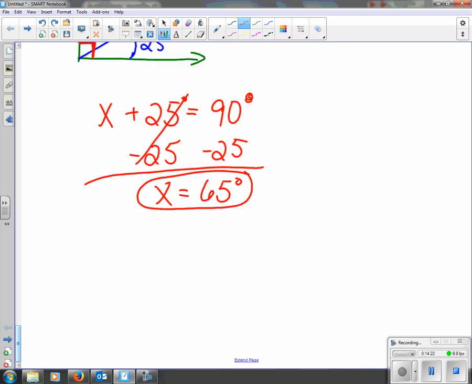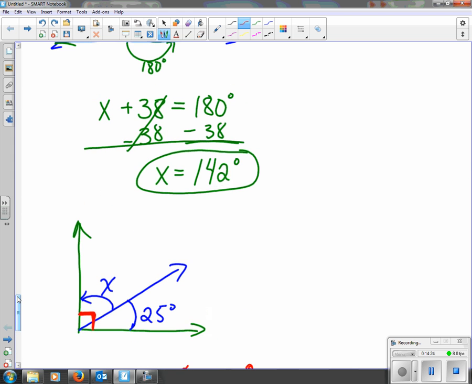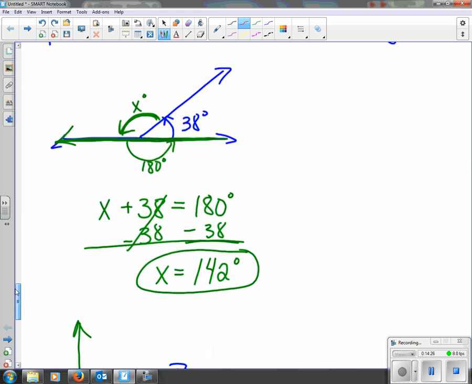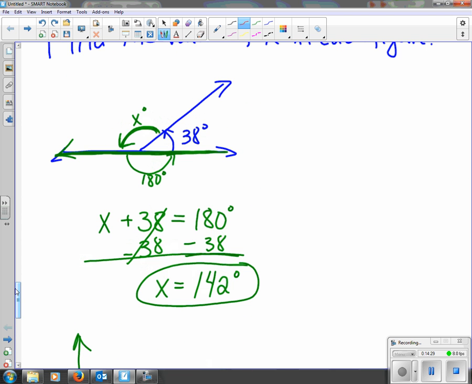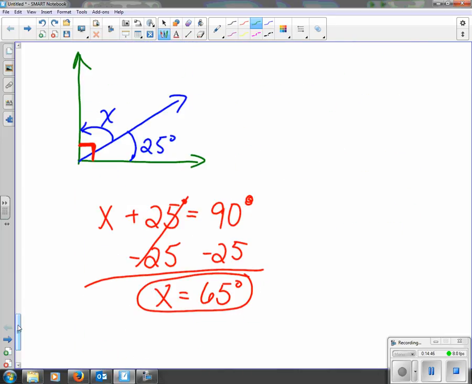Okay, because we were using the rule for supplementary angles; supplementary is the 180. That means these two angles, x and 38, must equal 180 degrees. That's supplementary. And then this rule says these two angles, x plus 25, have to equal 90 degrees, and that's complementary.